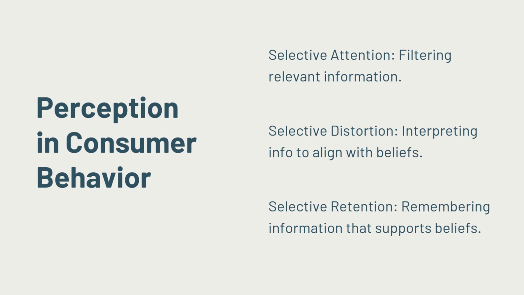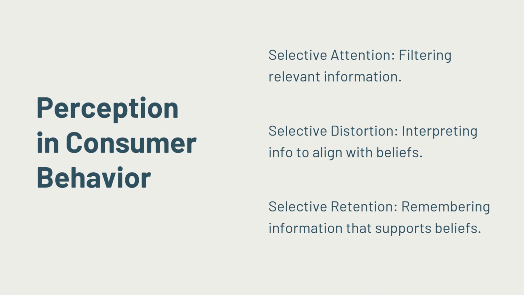For example, a consumer who believes that organic food is healthier might forget negative information about the safety of organic products, but keep information that supports their preference for organic food.